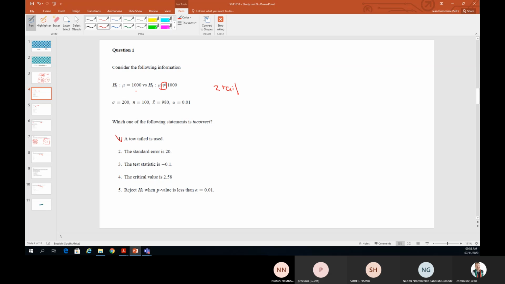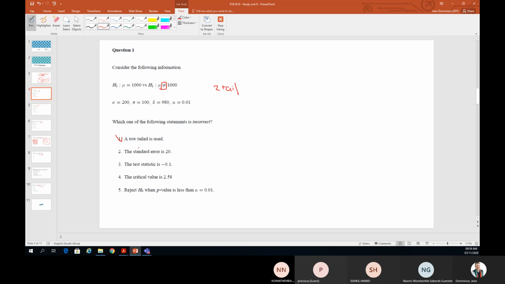Looking at this, with all of the rest of the questions, you will see that they ask you to work out sometimes the standard error. They will look at the test statistic that you will need to work out. You need to work out the critical value, and then they would ask you to say if you're going to accept or reject.